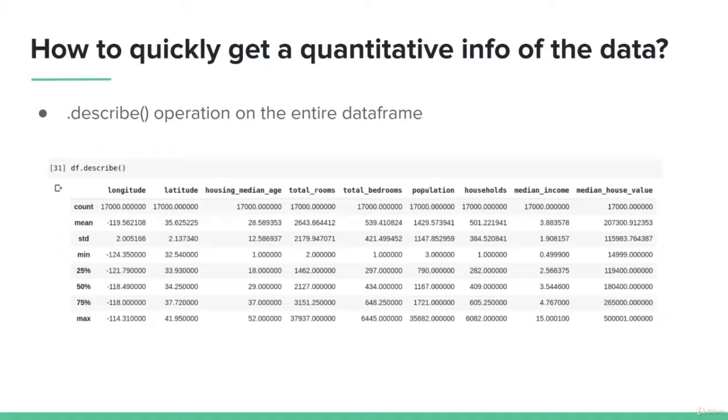For a data frame consisting of all columns or features, you can quickly get their information using this simple operation. This is so far the most wonderful operation Pandas has provided us, and if you want to get a quantitative feel about the dataset, this function is popularly used.